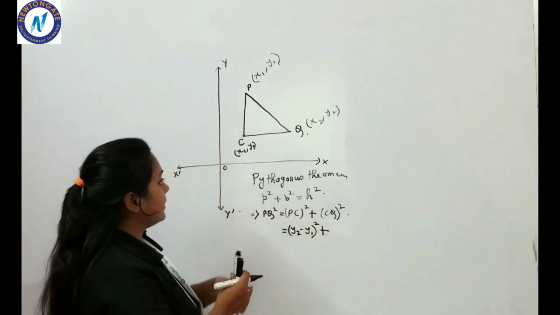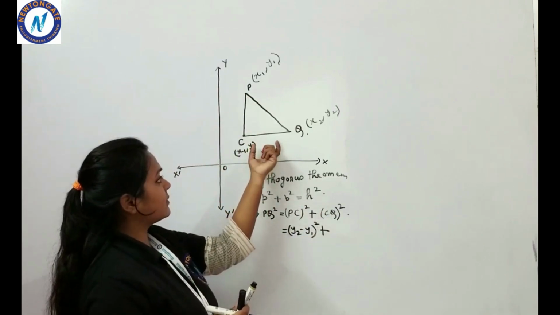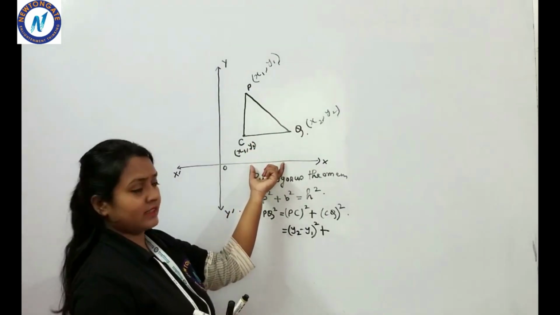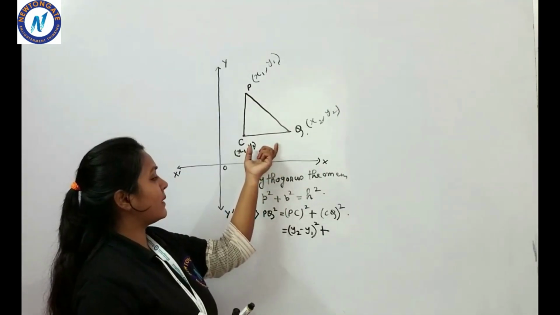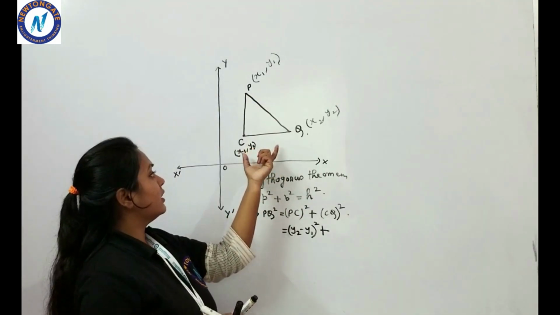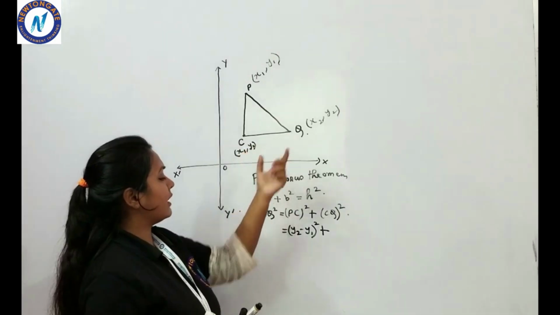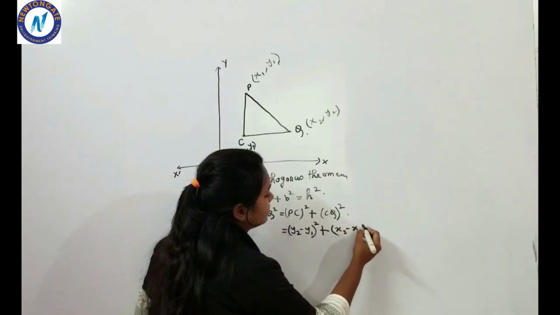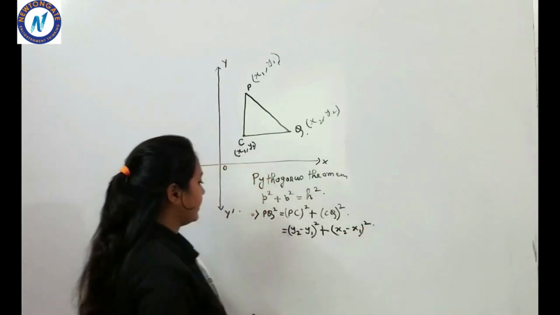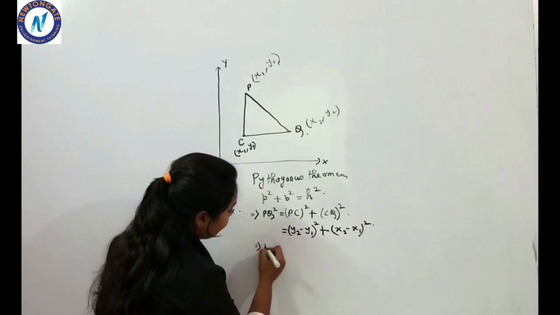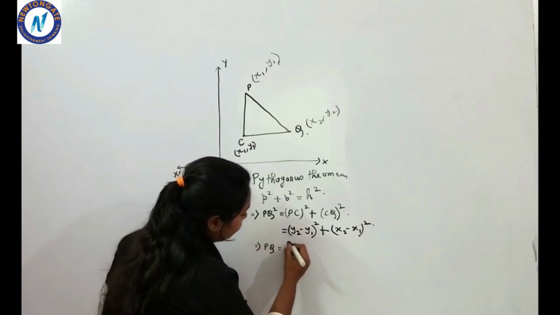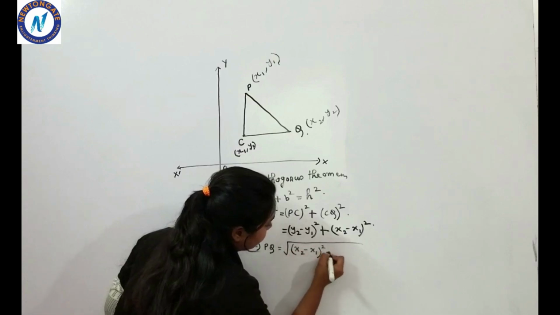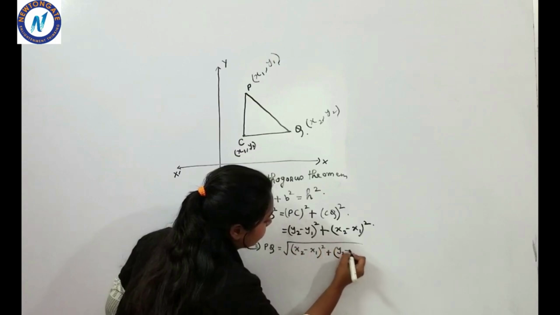CQ is parallel to the x-axis, so we calculate the distance by the difference of their abscissa, x1 and x2. That means x2 minus x1 square. So PQ equals under root of x2 minus x1 square plus y2 minus y1 square.